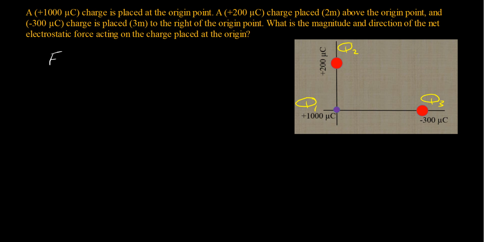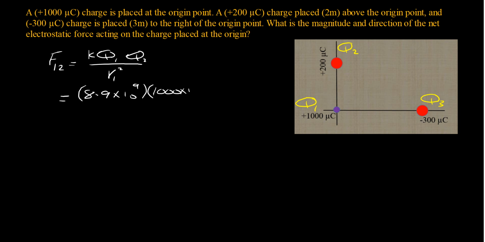Now for the force on 1 because of 2, that will bring us k Q1 Q2 over the distance squared, which means it is 8.9 times 10 to the power 9, multiplied with the 1000 microcoulomb, and again multiplied with the 200 times 10 to the power minus 6.